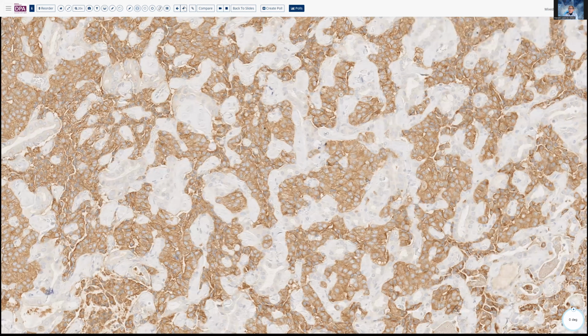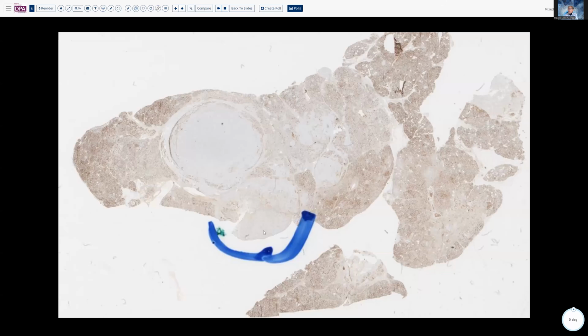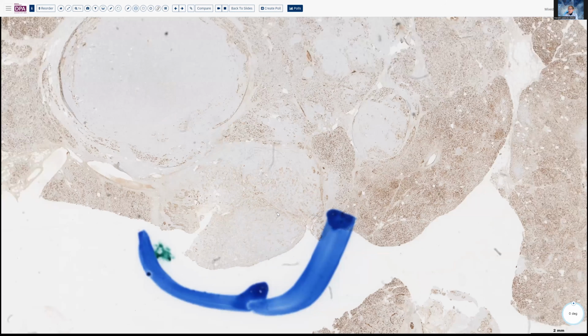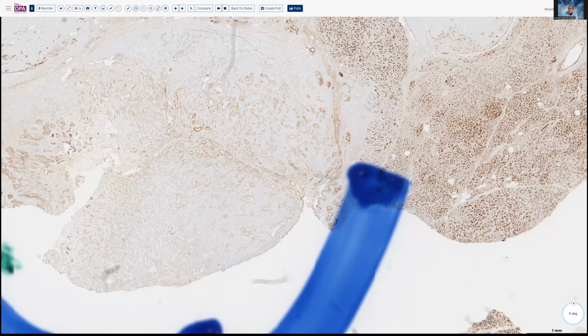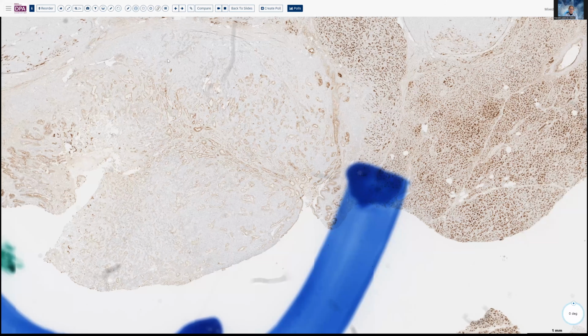We went the next step as well. It's always nice to have at least a positive stain and one negative stain to confirm your markers. So here is the stain for MUC1 or EMA. And as you can see, it very nicely highlights the glandular elements all through here and is entirely negative with the neuroendocrine component. So this then was classified as a mixed neuroendocrine and non-neuroendocrine neoplasm that is composed of well-differentiated components for both elements.